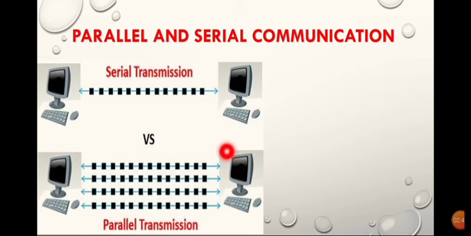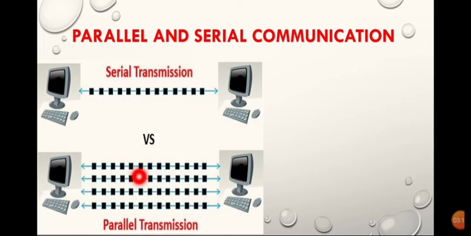It belongs to digital communications. I am going to explain serial communication initially. This arrow line shows the transmission media. Here the bits are transmitted one by one: first bit, then second, then third, up to the nth bit. The transmission of bits one by one is known as serial communication.